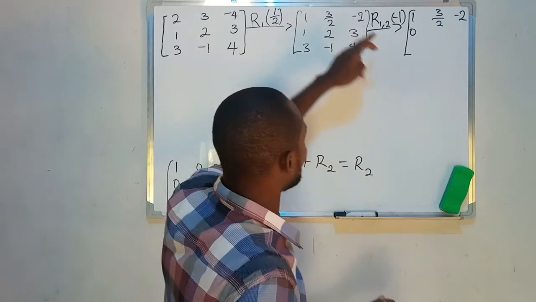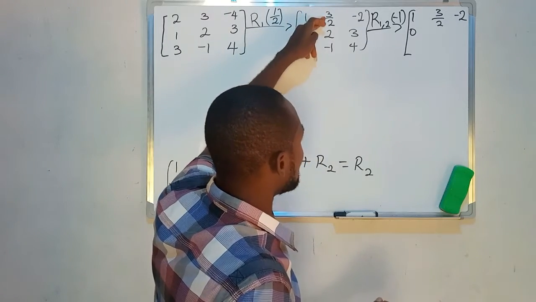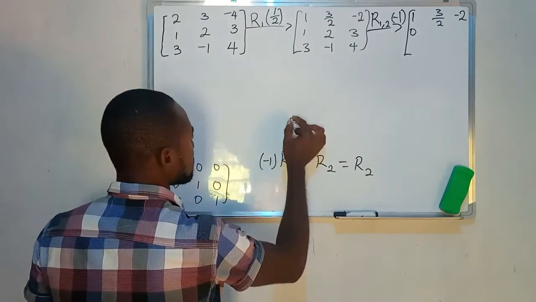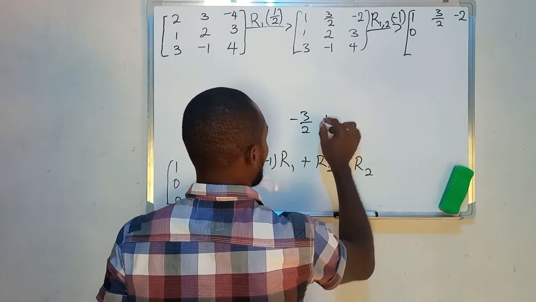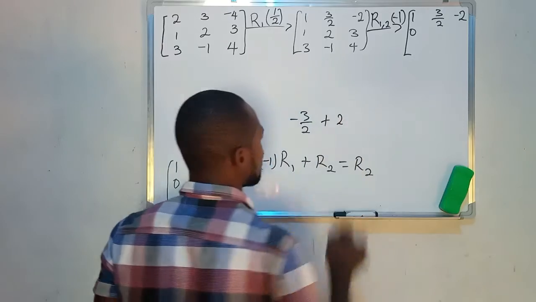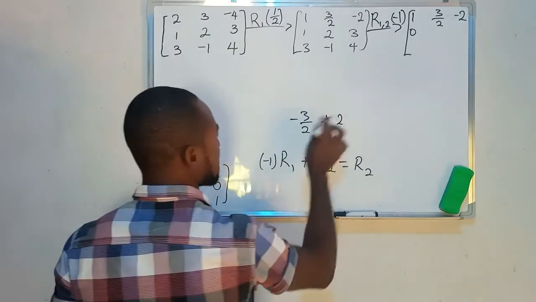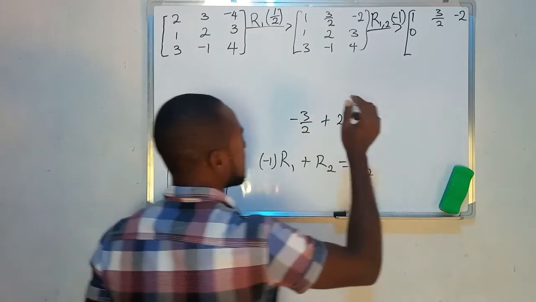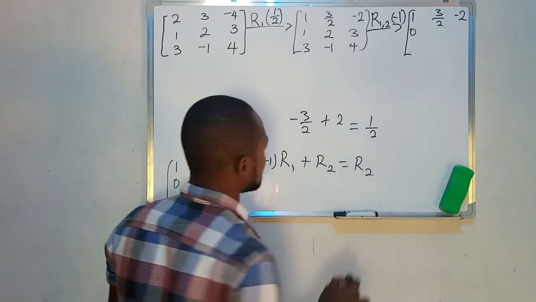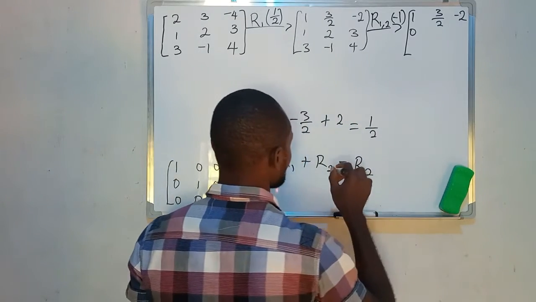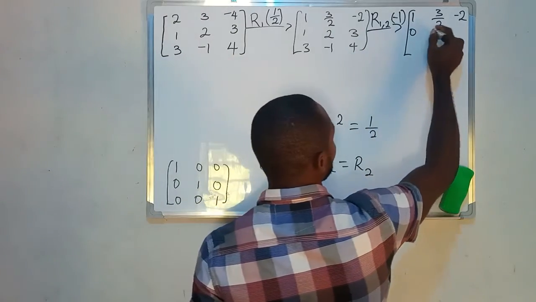And then minus 1 times 3 over 2, that will give us minus 3 over 2. And then we add it to 2. So we'll have 3 over 2 plus 2. And that will give us 2 times this is 4 plus this, and that will give us 1 over 2, I think. Yes. So I'll have 1 over 2 here.